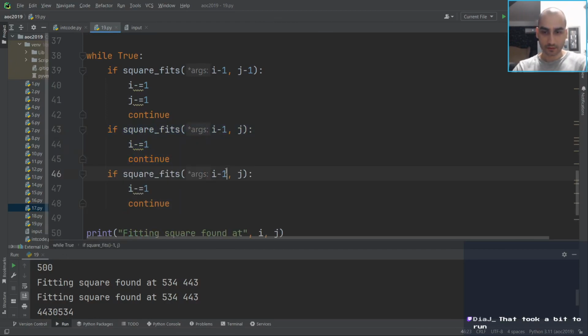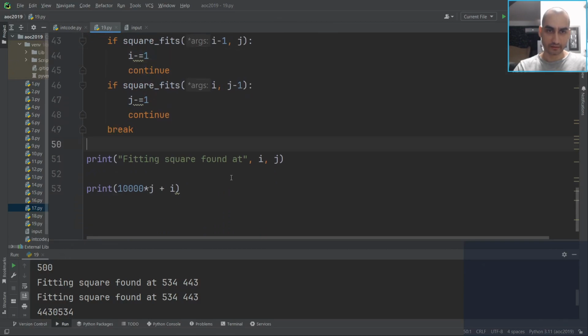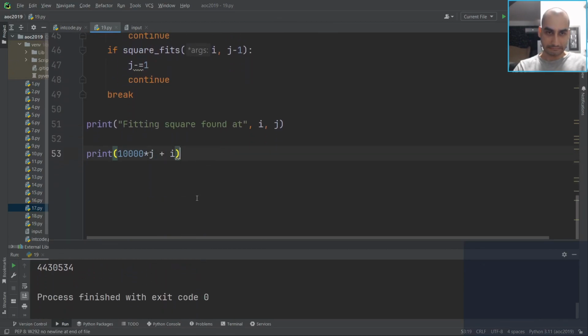If square fits j minus 1, we do like this. So if those three don't resolve and we get this far, then we break. And I and j should be on the final value. Alright, let's try it now.